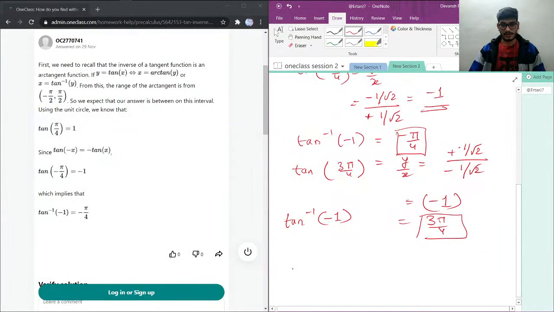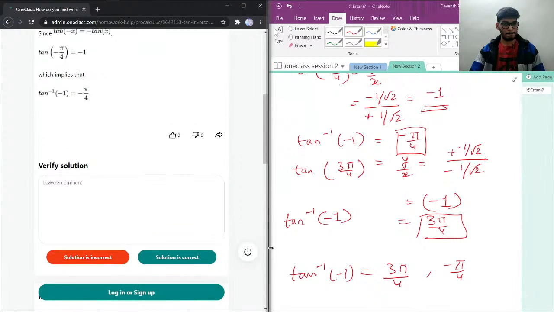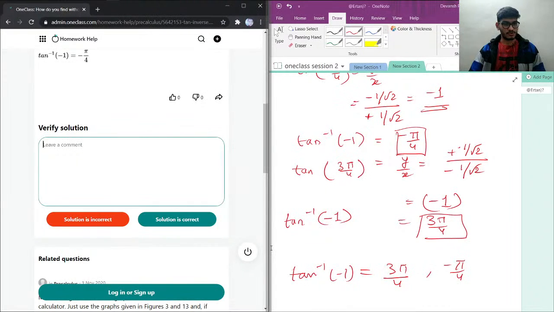So I can write that tangent inverse of negative 1 is 3 pi by 4 or negative pi by 4. The solution given here is correct. Great job.